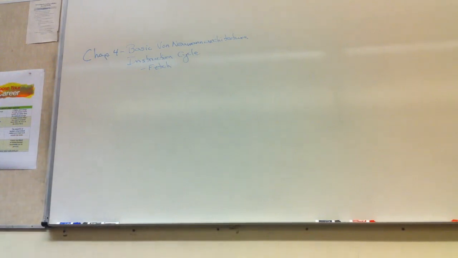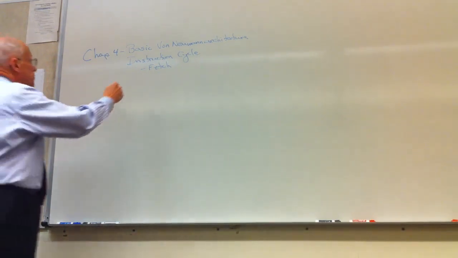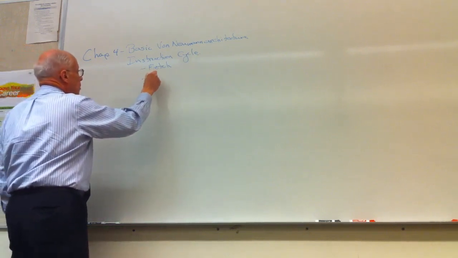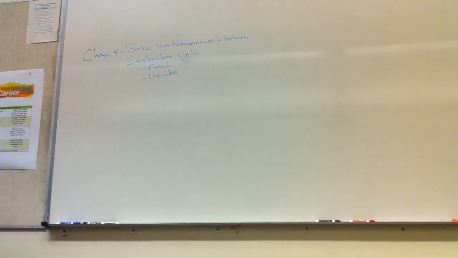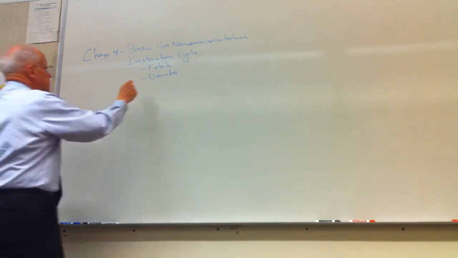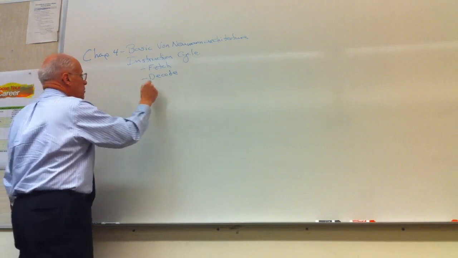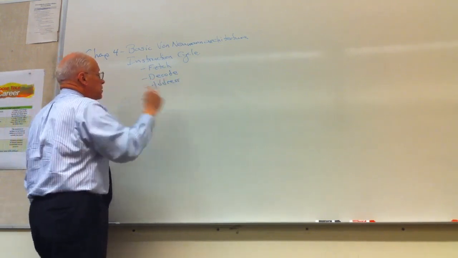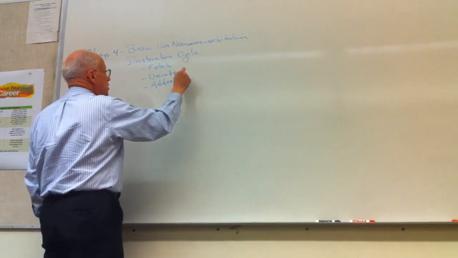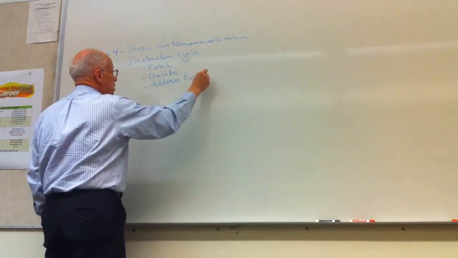The first step, of course, is to fetch the next instruction that has to be executed. Then you have to decode it. The book does this as the address evaluation.